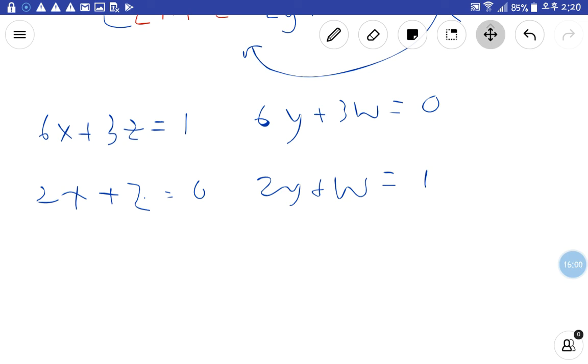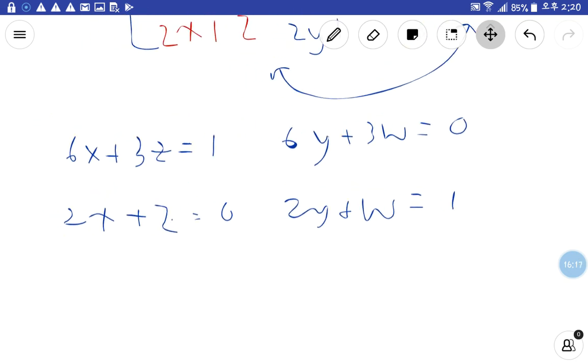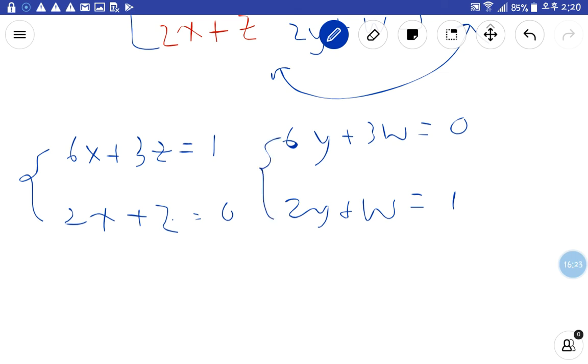If I can find the values, then my assumption, which is that A has an inverse B, would be correct. So let's check on this. I can do these two together because they have z and x.